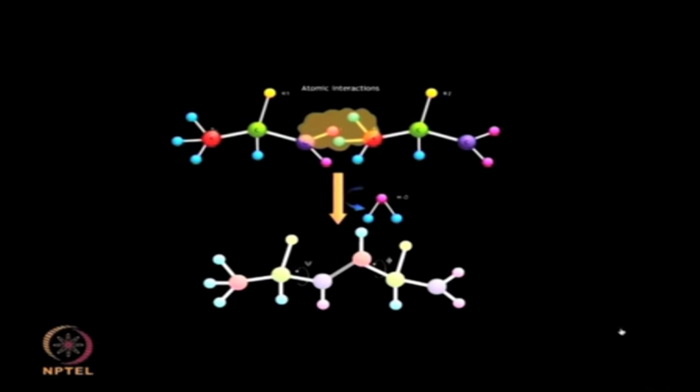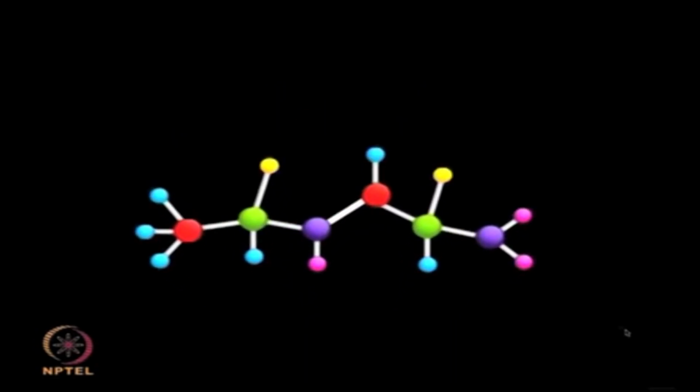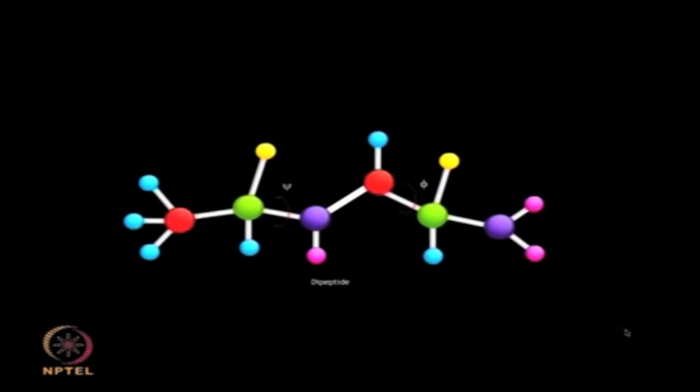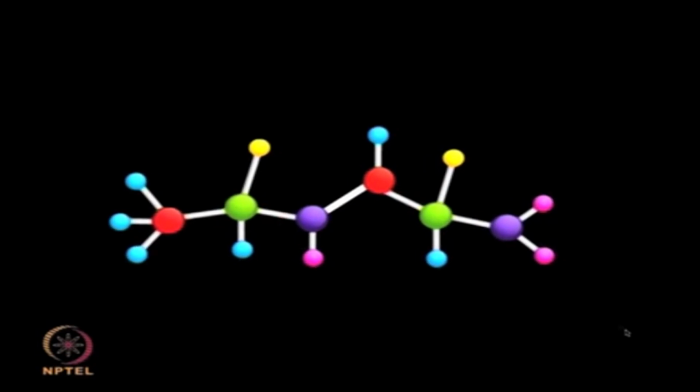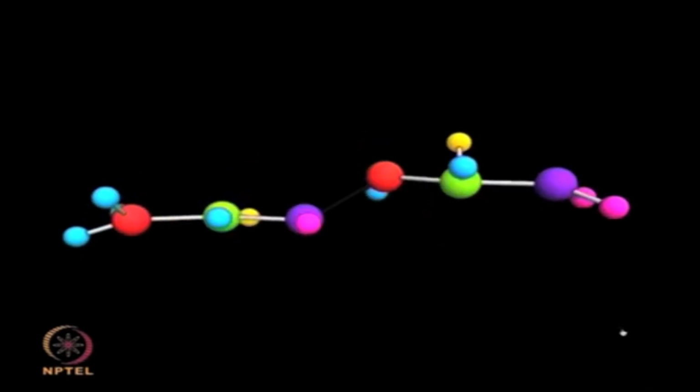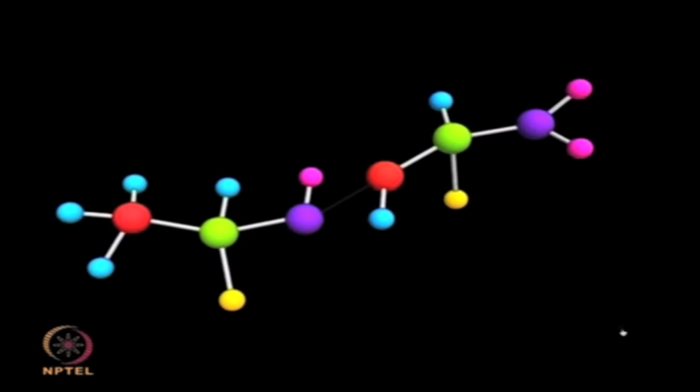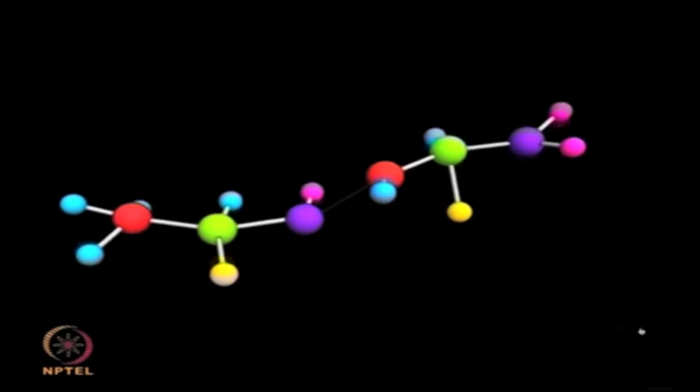Many such amino acids link together and form a polypeptide. The peptide bond is rigid due to its partial double bond character, which arises from the resonance structure. However, the bonds between the alpha carbon and the amino and carboxyl groups are pure single bonds that are free to rotate.